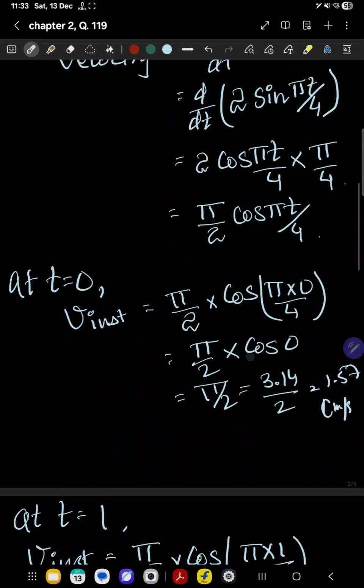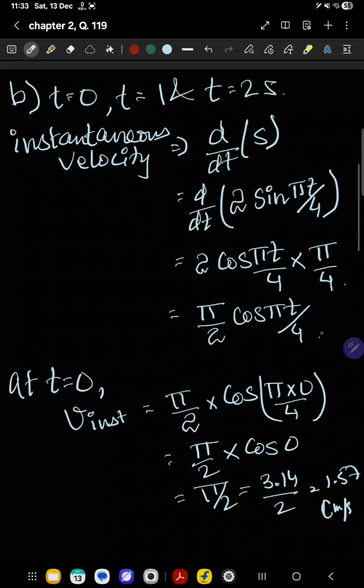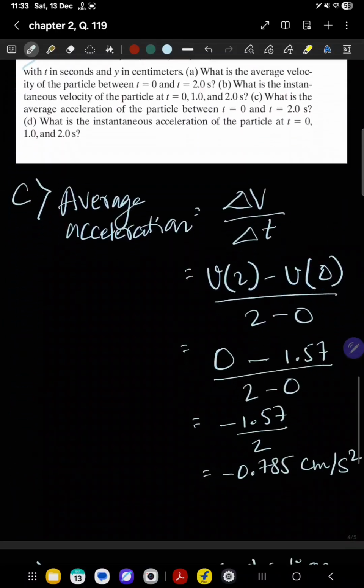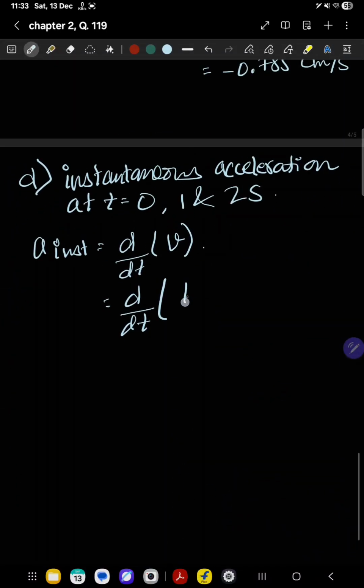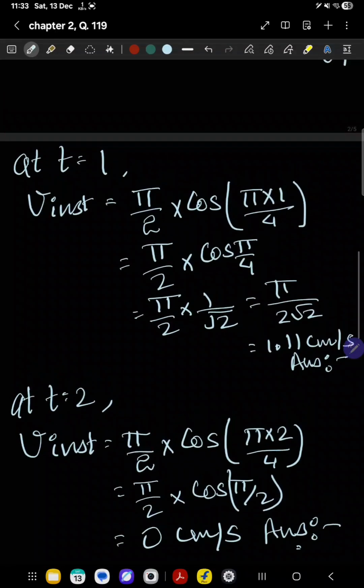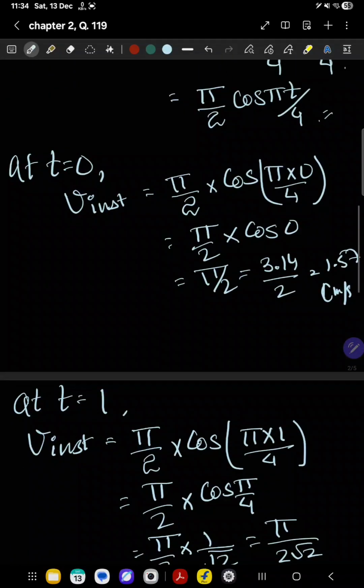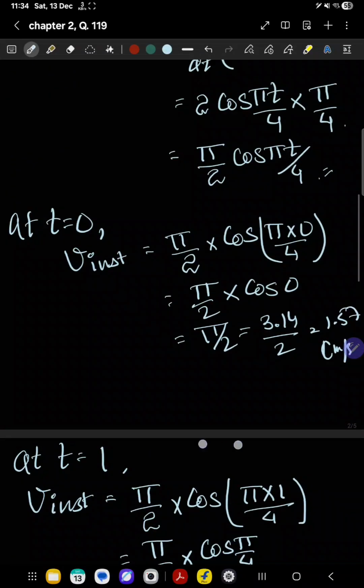So this is the velocity function that we have found out, pi by 2 cos pi t by 4. So we will use the same. Let me check again. Pi by 2 into cos pi t by 4.